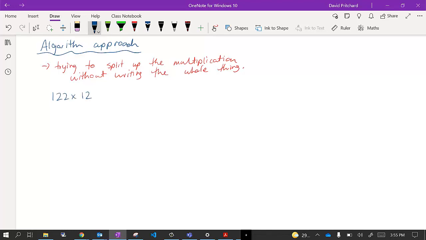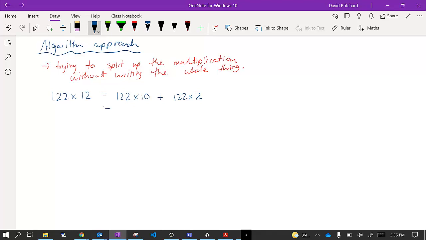Now we could set that up in the algorithm, and I know that you guys know that we could split that up and we could think about it as 122 times 10 and 122 times 2. And so really that's going to be your thought process when you're doing this algorithm approach. You'll split it up and you go, I'll multiply by 10 and I'll multiply by 2. And if I join those two things back together, then I get my multiplication.